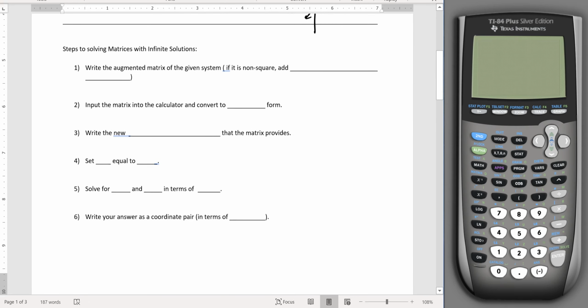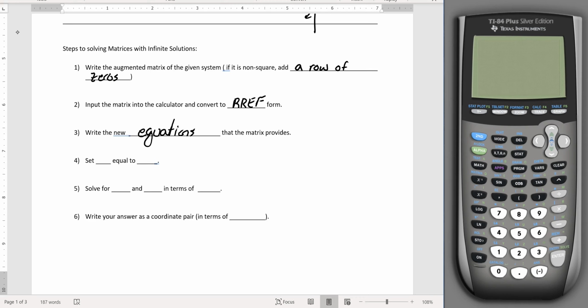So let's talk about how to solve matrices with infinite solutions. First, we're going to write the augmented matrix. If it's non-square, we're going to add a row of zeros. We're going to input the matrix, convert it to RREF form, and show all that work we normally did. And then we're going to write the new equations that the matrix provides us.